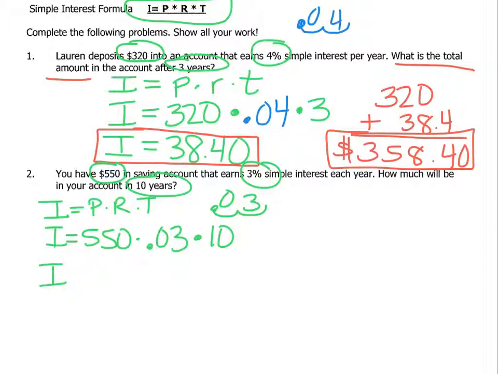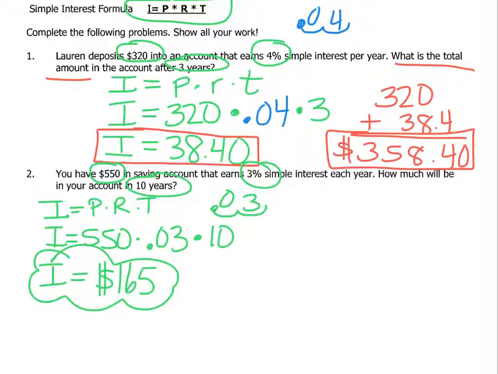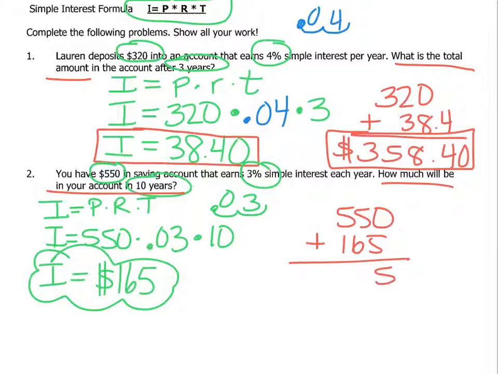So if we multiply these together, 550 times 0.03 times 10, we get an interest amount of $165. Now this is the interest again. So if we want to know the total amount in the account at the end, because it's asking how much will be in the account, we have to take the initial amount and add the interest. So when we do that, we end up getting a total of $715 in the account.